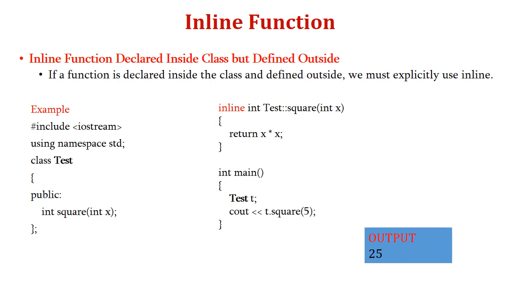Then with the help of the object, we invoke the function with the values. Whenever the program is executed, automatically the control goes to the class. Here the function is only declared. Again, it will search for the same function outside of the class. Then it will invoke it and finally calculate the result. Then the result is sent to the main program and displayed here.